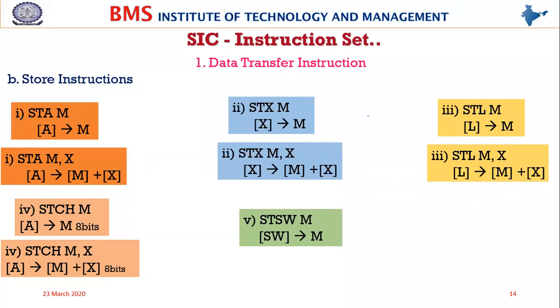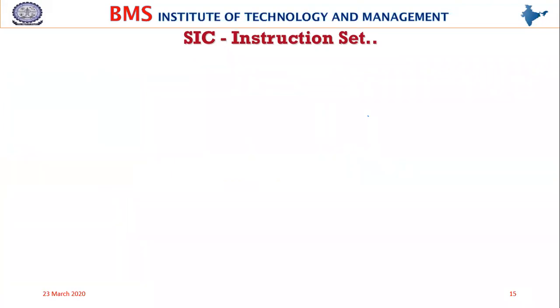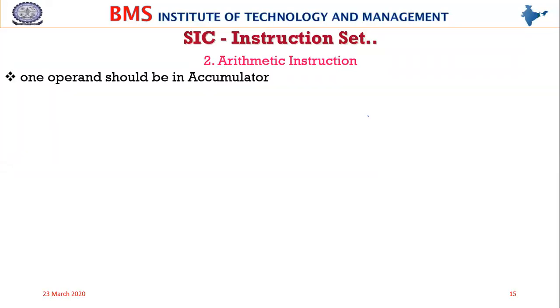This means the negative flag, positive flag or zero flag needs to be set. That's how STSW is going to be used, and we can store the contents of the status word onto a memory location also, right? That's what can be done through the STSW instruction. And remember, it's a 24-bit data transfer, not 8-bit.